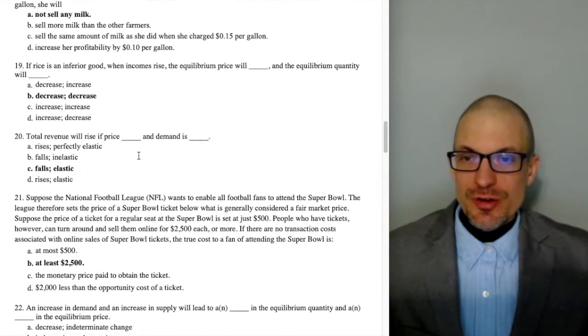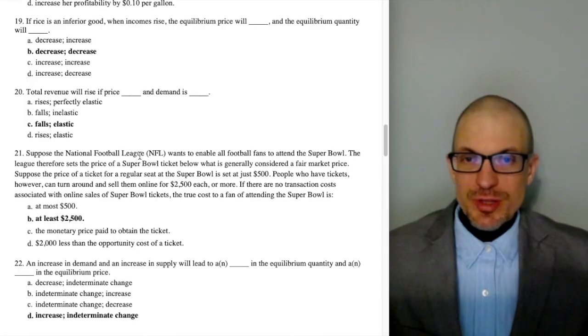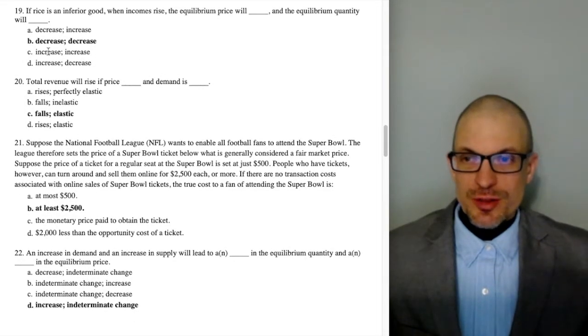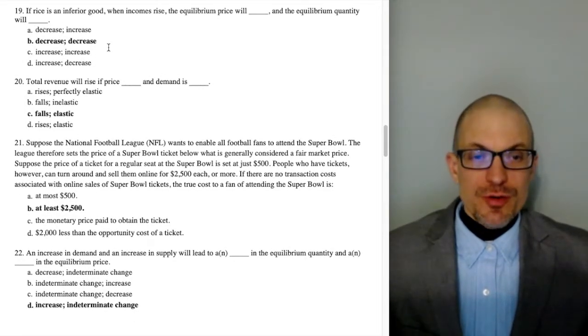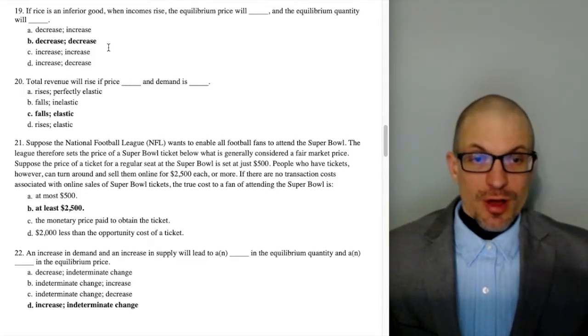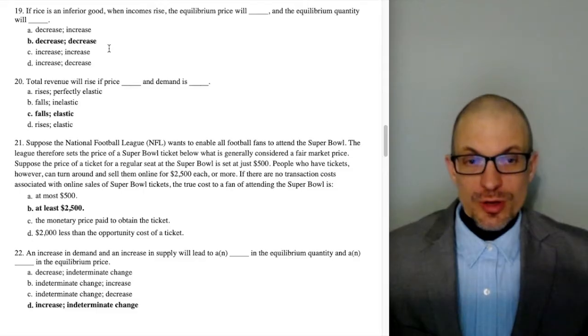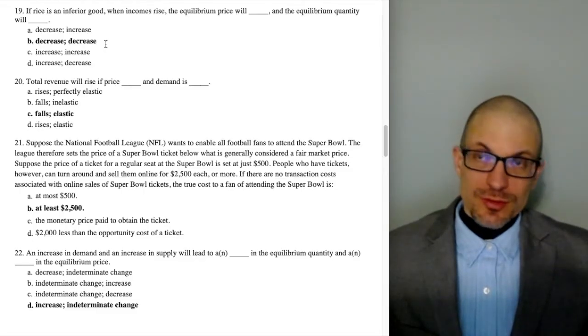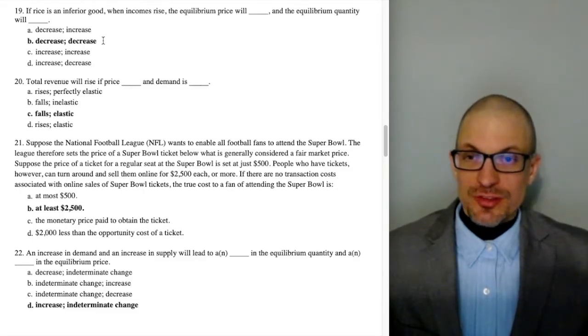If rice is an inferior good, when incomes rise, the equilibrium price will, and the equilibrium quantity will. Okay, so with an inferior good, as your income rises, then demand's going to fall because you're going to substitute for the normal good instead. And we'd expect a negative income elasticity.